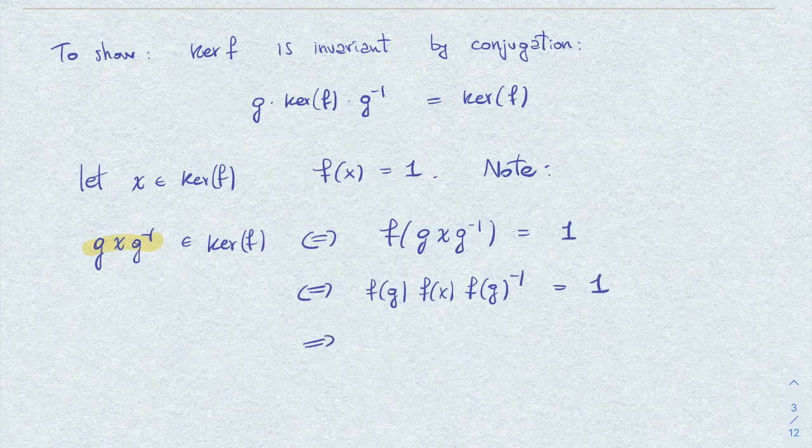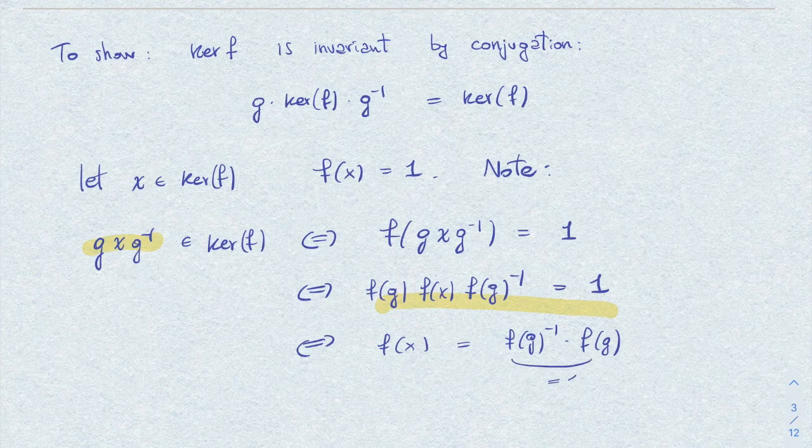Now, equivalently, if I multiply this previous identity on the left by f of g inverse and on the right by f of g, I can rewrite this as saying that f of x has to be equal to f of g inverse times f of g, which of course is equal to 1.